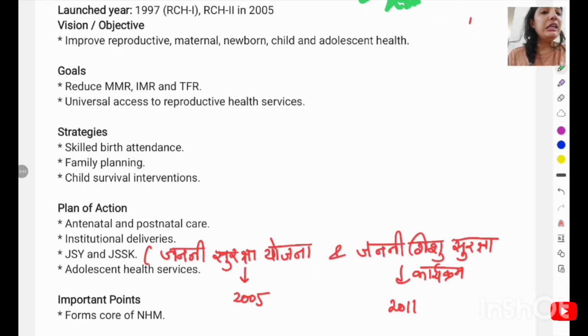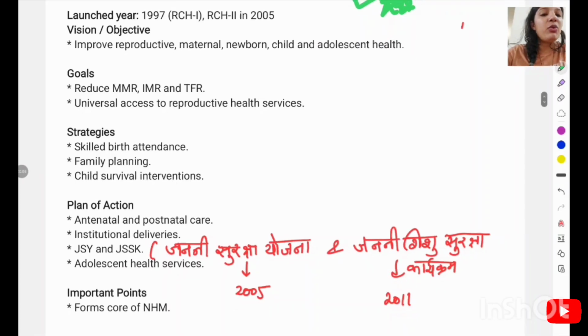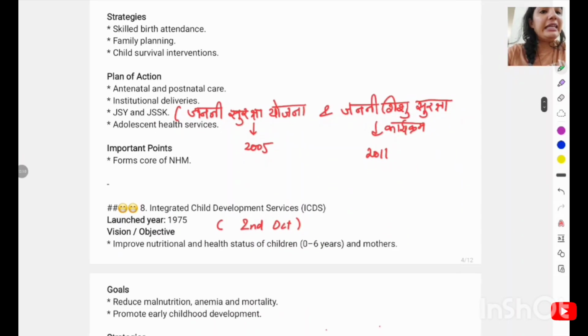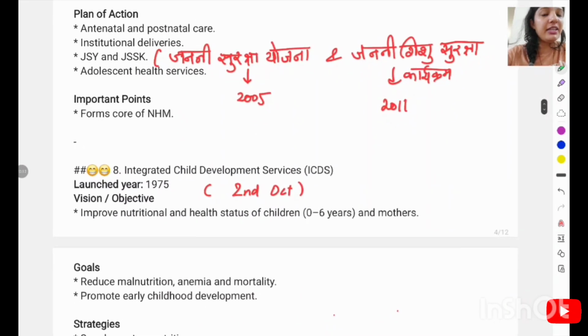Strategy is skilled birth attendance, so that is why institutional deliveries are being promoted. Through that we can give proper sterilization and proper care to the female as well as to the newborn. Then family planning is given. Okay, child survival intervention. Then the plan of action is antenatal and postnatal care is given.